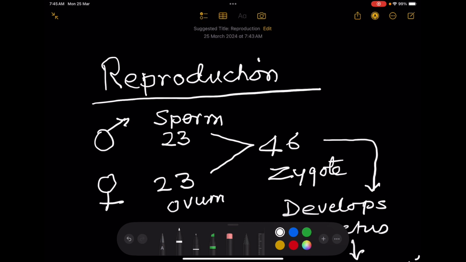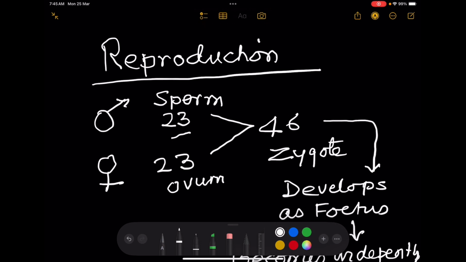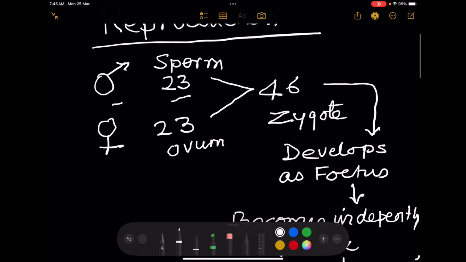In human beings, reproduction is bisexual. That means there must be a male and a female partner to be able to produce the child. 23 chromosomes come from the sperm, from the male, and 23 chromosomes come from the ovum, that is the female.